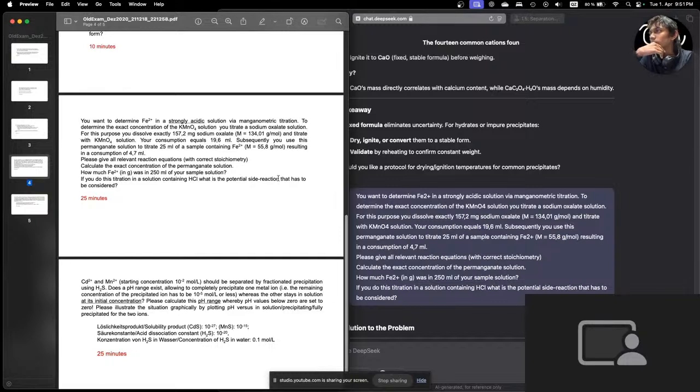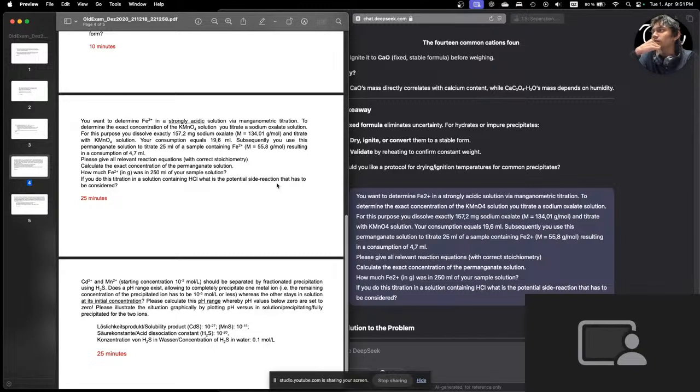Subsequently, you use this permanganate solution to titrate 25 milliliters of sample containing iron, resulting in a consumption of 4.7 milliliters.